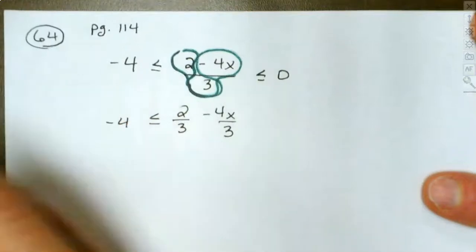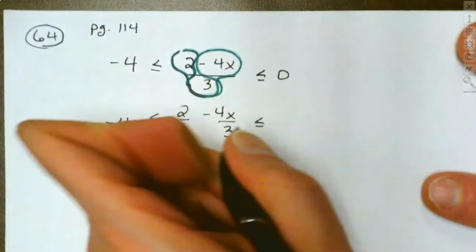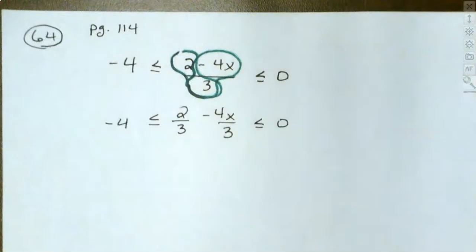On the left, we still have a minus 4. And on the right, we have our 0. The reason why I did that is it just makes it easier to see. You could have just multiplied everything by a 3 at the beginning, but a lot of times students make a mistake. And so you're going to be less likely to make a mistake if you split it up.